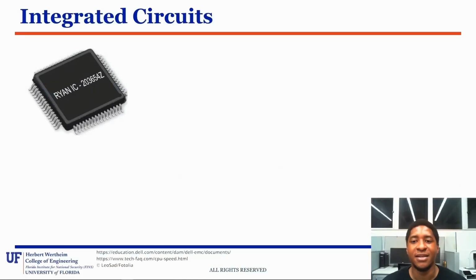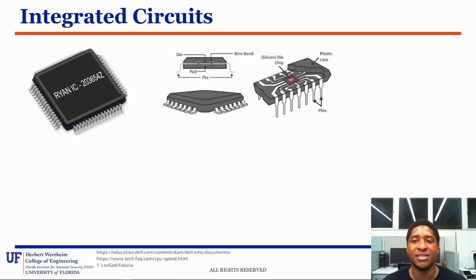Integrated circuits, in this case, can be square with various pins surrounding them. The pins you see allow it to connect with the circuit board. Integrated circuits can also have a rectangular shape, as you can see. The cross section you have in front of you has the die exposed with the plastic case removed.